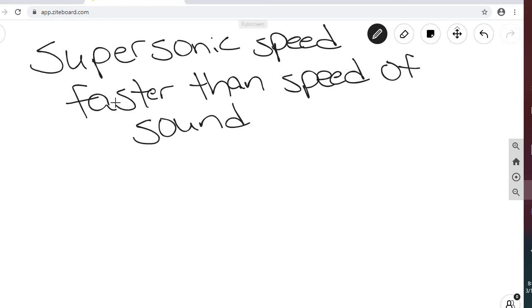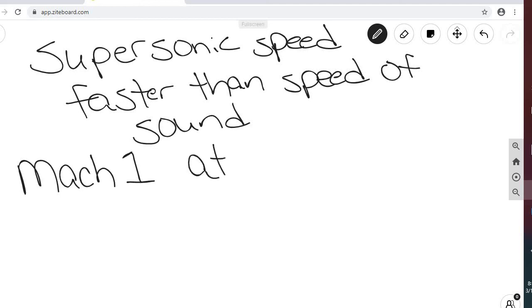So jets often can travel faster than the speed of sound, and we use a term that is called Mach. So if something is traveling at the speed of sound, we say it is Mach 1. So that's at the speed of sound.